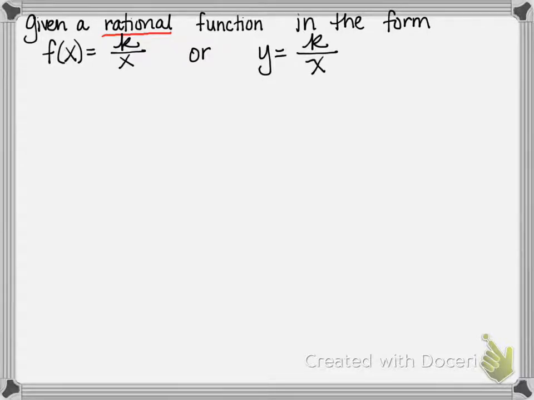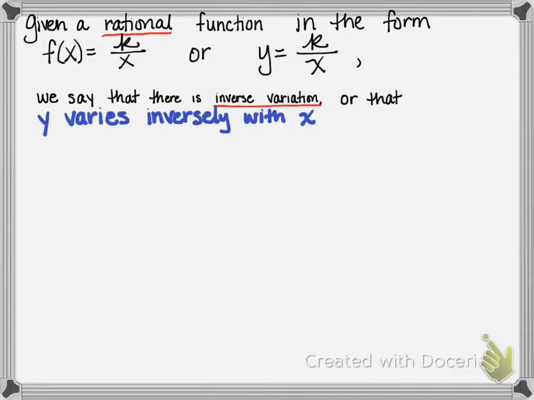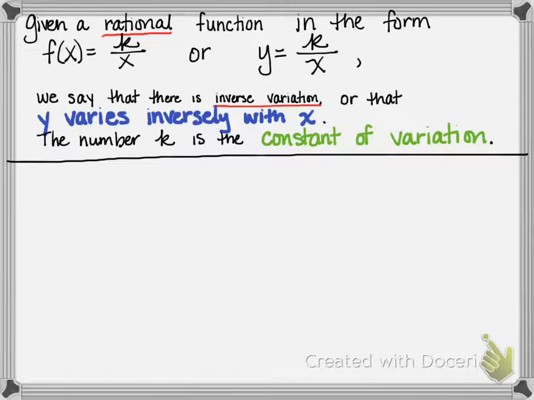It's very important that the x is in the denominator. We say that this is called inverse variation. In this case, as x gets larger, y will get smaller, and as x gets smaller, y will get larger. We also can say that y varies inversely with x. And again, the number k is still the constant of variation.